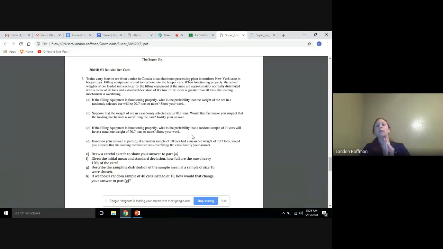First we just said what's the probability of selecting one car that's 70.7 or more. Now we're saying, okay, what's the probability of getting a sample mean of 70.7? So this is going into sampling distribution.